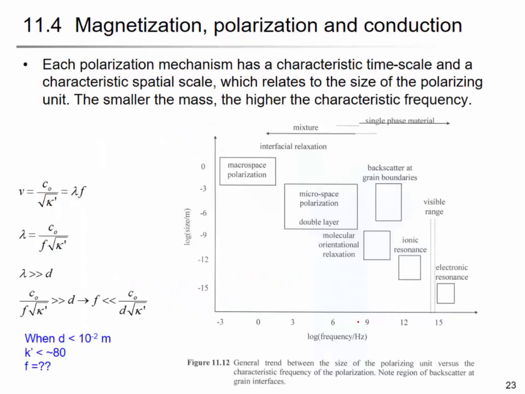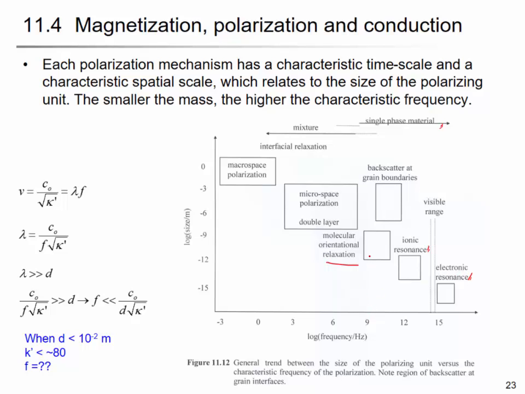Good. The last slide shows the characteristic of the internal scale compared to the time scale. So here, for the single phase material, you have molecular orientation relaxation, ionic resonance, and the electron resonance.